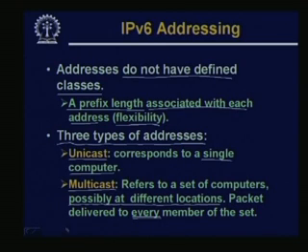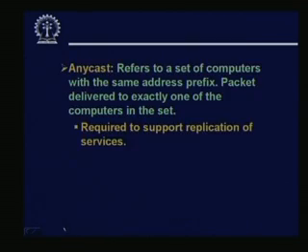In contrast, you can also have anycast, where again you have a set of computers, and all the computers must have the same address prefix, and the packet will be delivered to exactly one of these computers. This anycast is typically used to support replication of services or mirrors in systems.